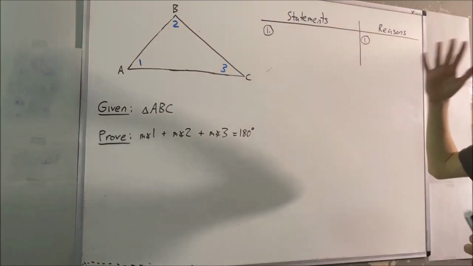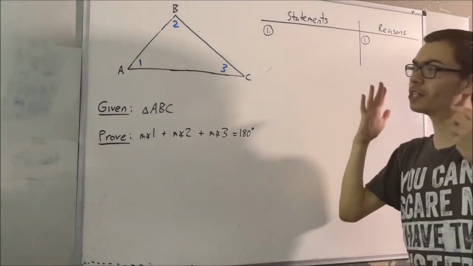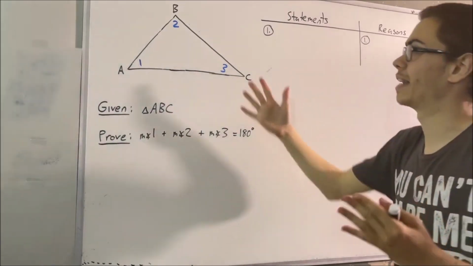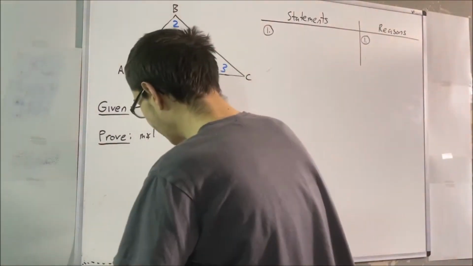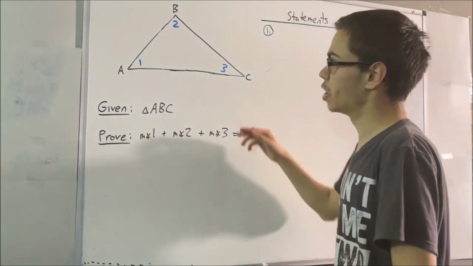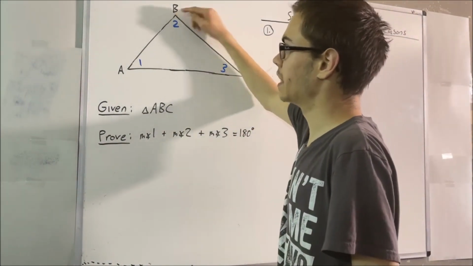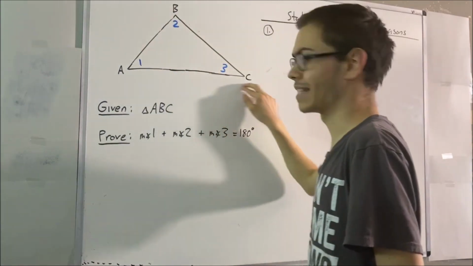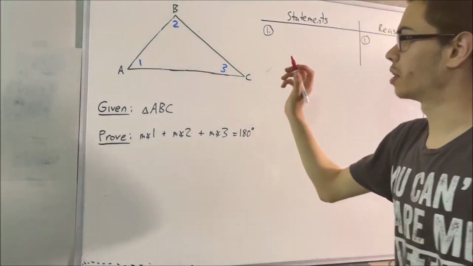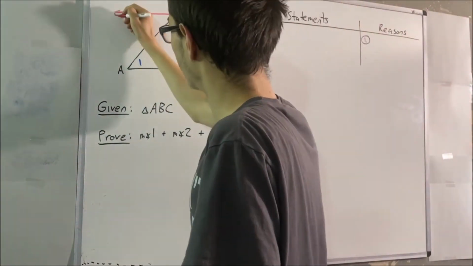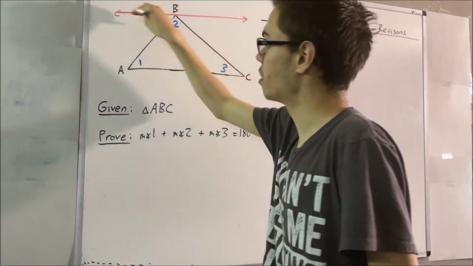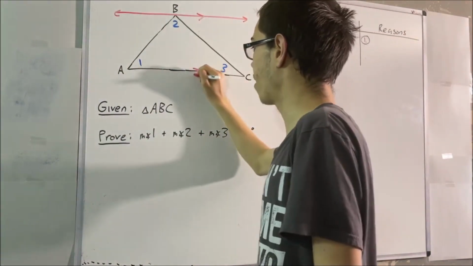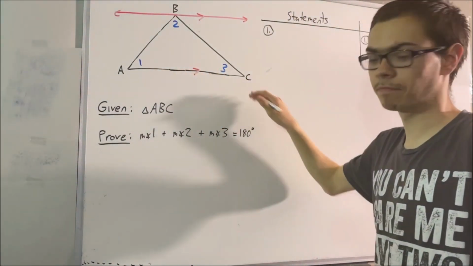And for our first step, we're going to construct a new line on our figure. And this line, we are going to say, goes through point B such that it is parallel to segment AC. And so our line is going to look something like this. As you can see, our line goes through point B, but we're also going to say that it is parallel to segment AC.